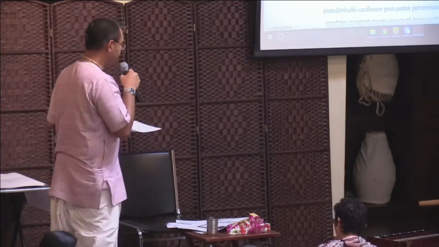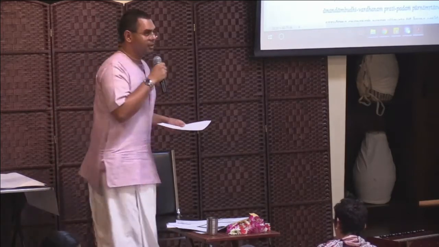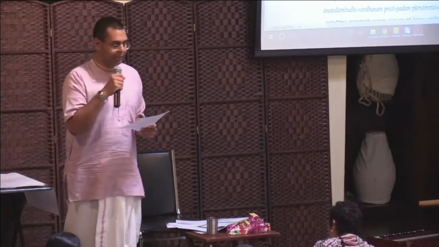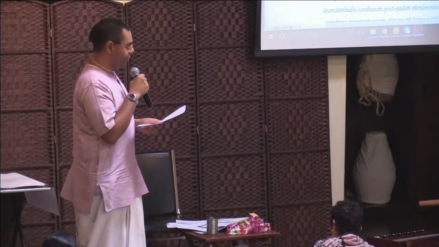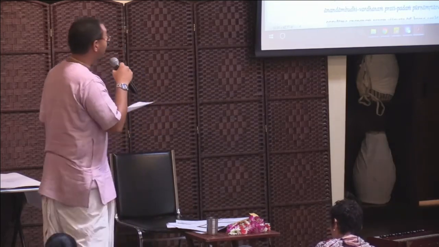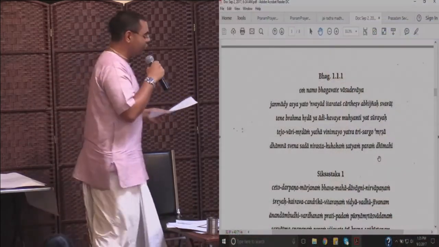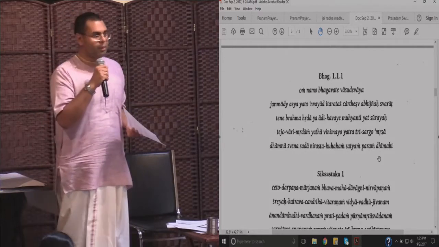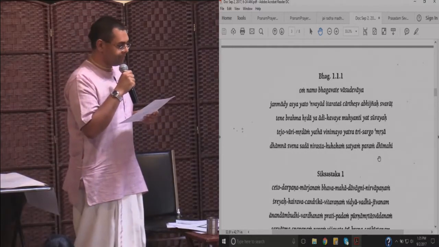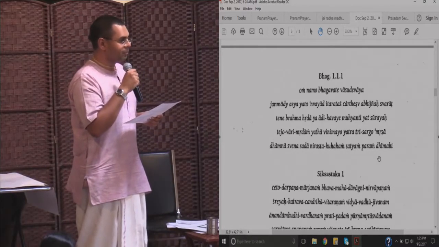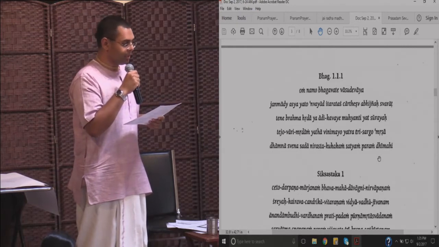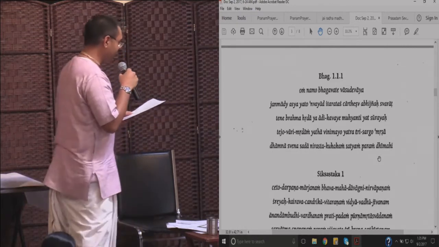The first three are verses in the Shardula Vikriditam, the play of a tiger meter. This first one I'll do in a different melody this time, since I did it in one melody the last time.